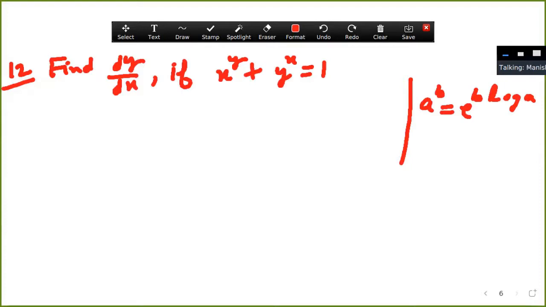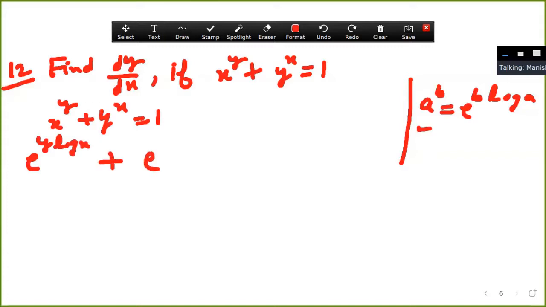Now here I have to write x to the power y plus y to the power x is equal to 1 in this form, which, as I have told you, can be written as e to the power y log x plus e to the power x log y. By using this formula, this is equal to 1.